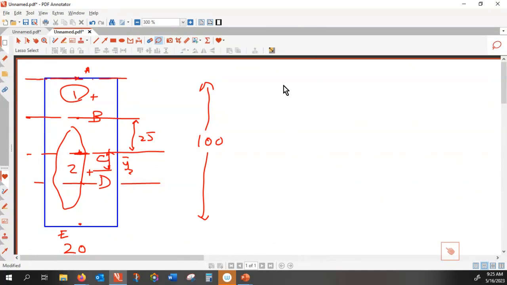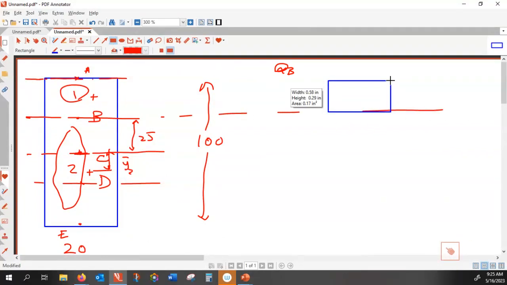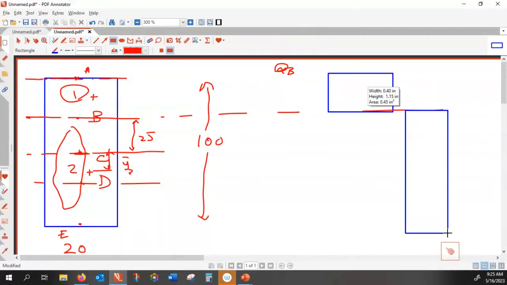So I make this easy for you. So QB. So I split that in pieces.